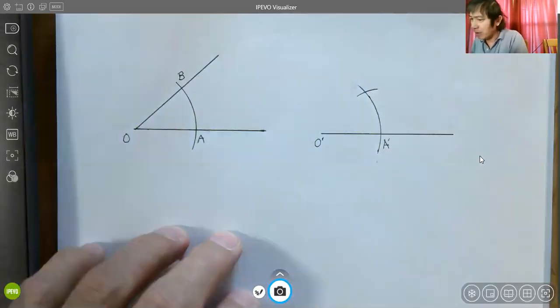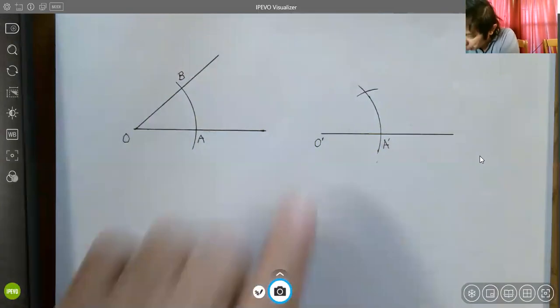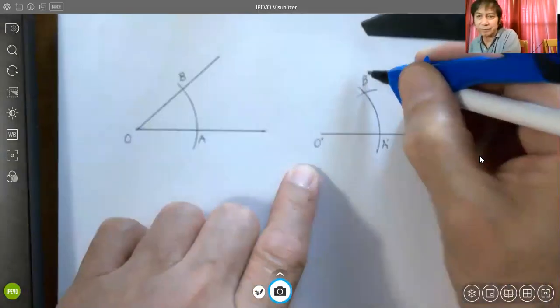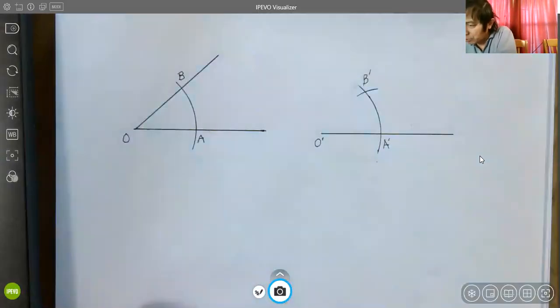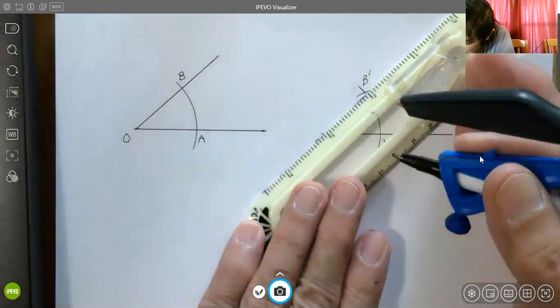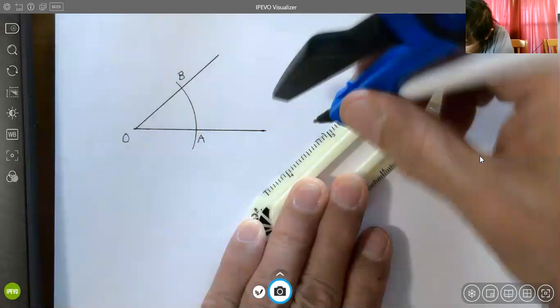Okay, now you're going to connect the O prime with this B prime there, and this will now be our new angle. So just be careful connecting the points and make sure you're hitting the point in precision, all right?